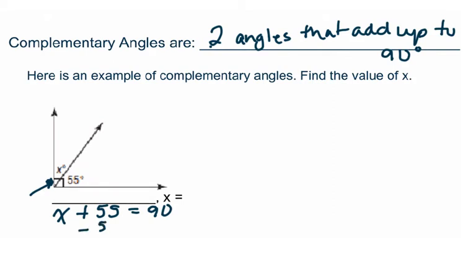I'm going to minus 55 from both sides. That cancels out. Now I have x equals, and 90 minus 55 is 35. So I know that x equals 35 degrees.